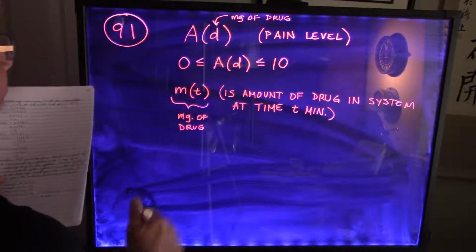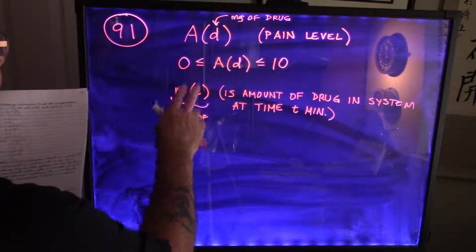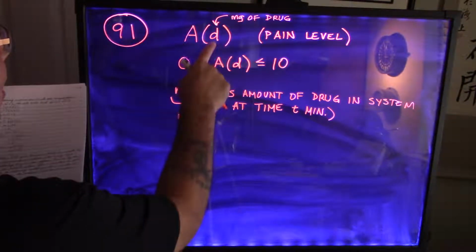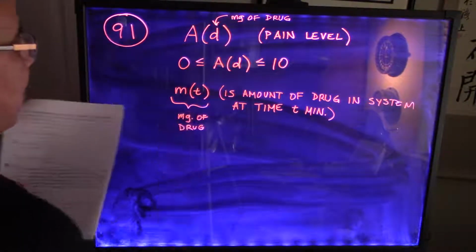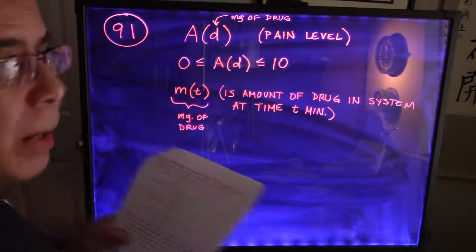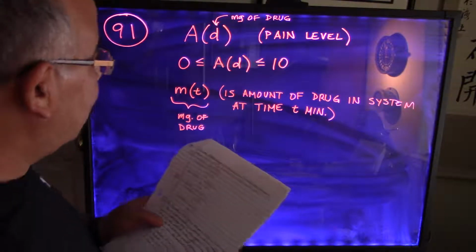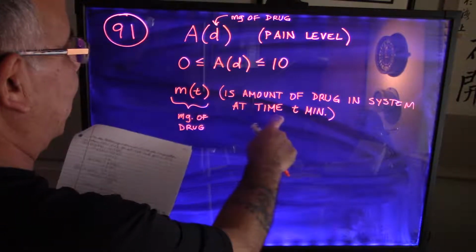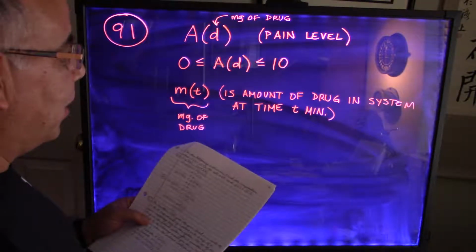So it looks like you could form a composition. Since M gives you milligrams of the drug, you can plug it into A. A of M of T, right? A composed with M. That'll give you the pain level at a certain time, T minutes after they take the drug.